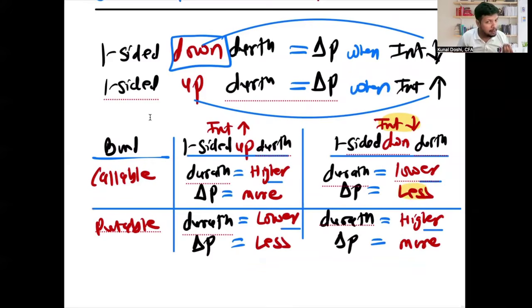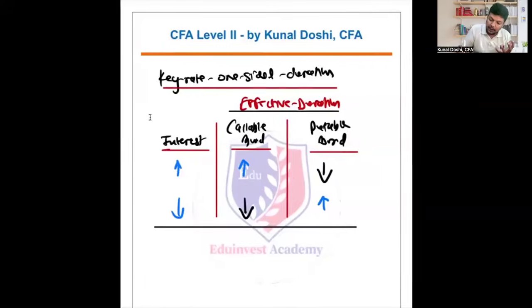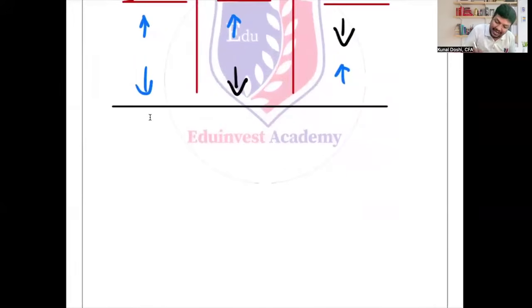Same way in a puttable bond, normally when interest rates increase, the bond price falls. But for a puttable bond, the fall will be less. Why? Because you have the opportunity to dump the bond. So the change in price will be higher or lower on a callable or a puttable bond when the interest rates increase or decrease.